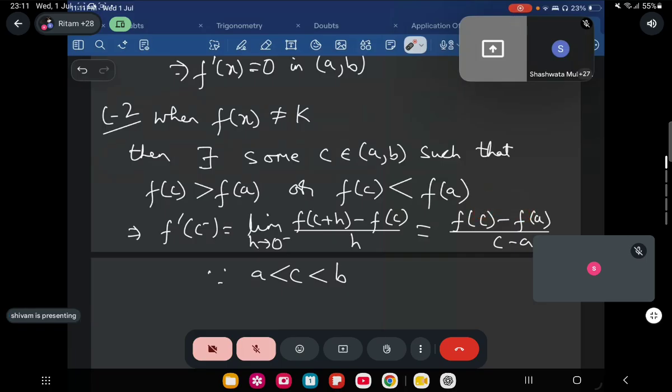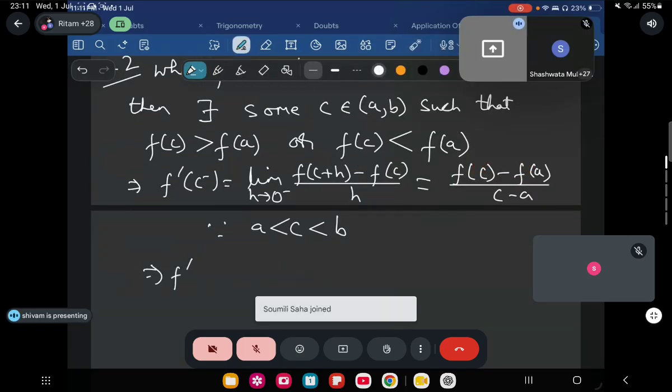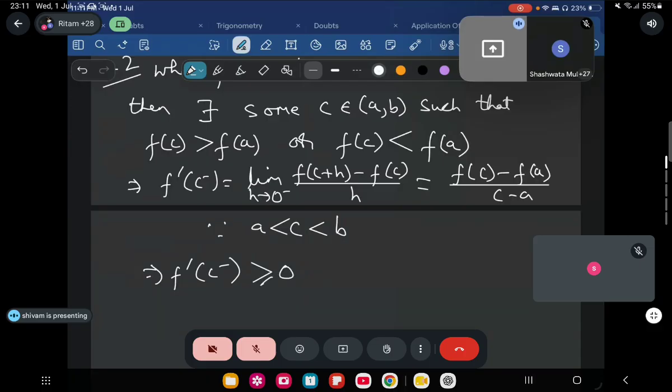Positive, sir. So can I say that f dash at c minus, we don't know how close c is to a, will be greater than or equal to 0? Are you people getting?